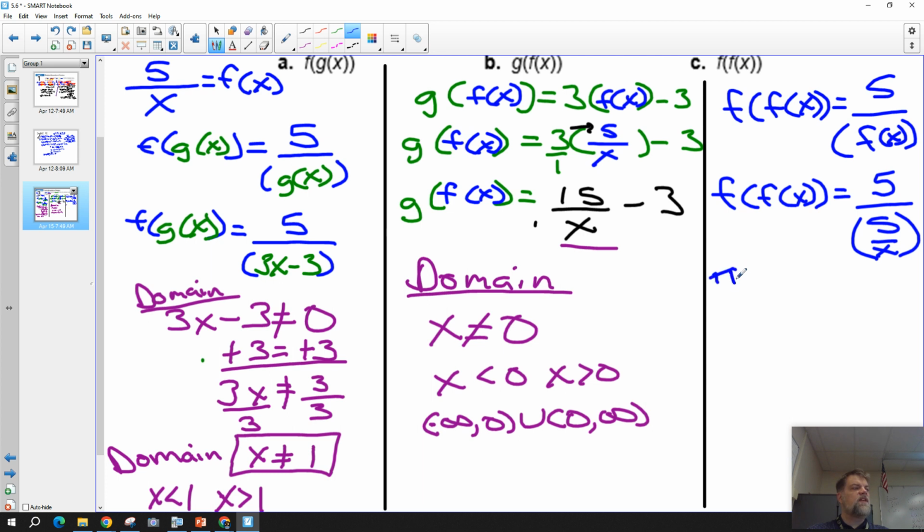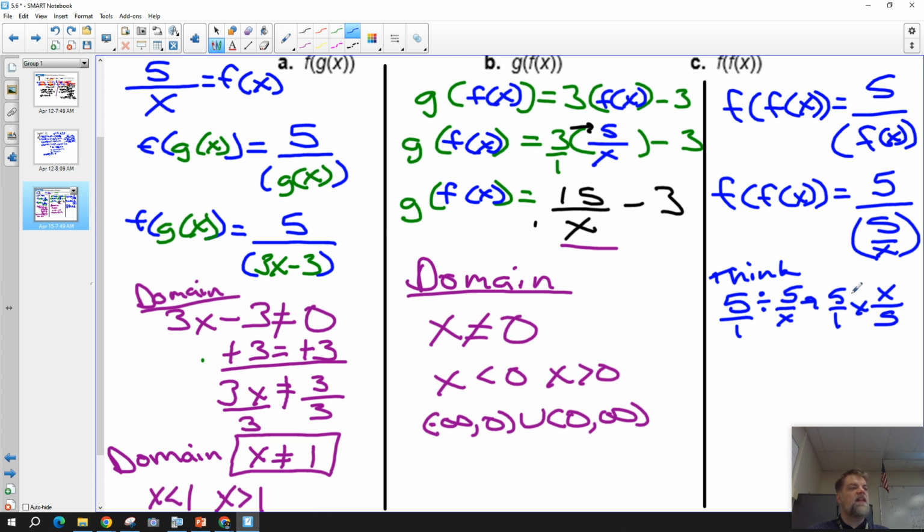So here you have to think that your numerator 5 is being divided by the fraction 5 over x. Well, what happens when you divide by a fraction? You multiply by the reciprocal, so 5 is the same as 5 over 1. So in the next line I have 5 over 1 times the reciprocal, which is x over 5.